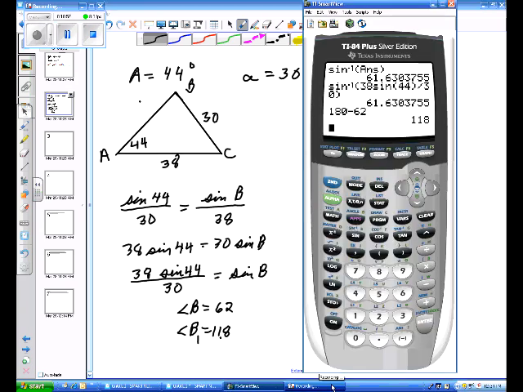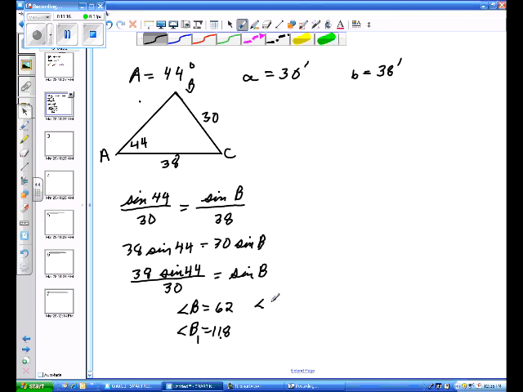So I'll do my 180 minus 44 minus angle B, which was 62. So in that case, angle C would be 74 degrees.